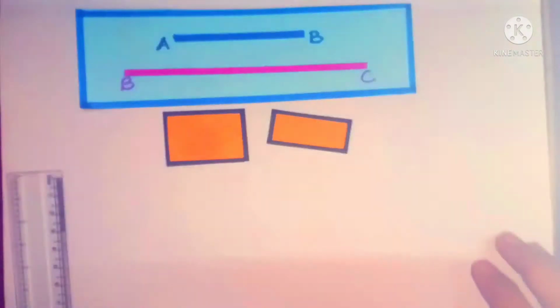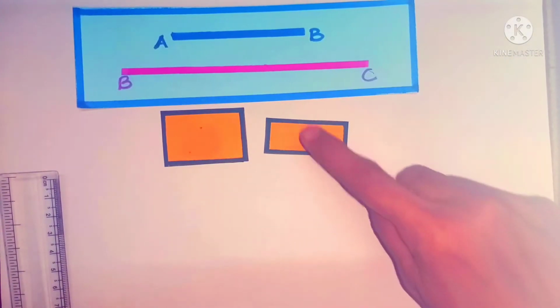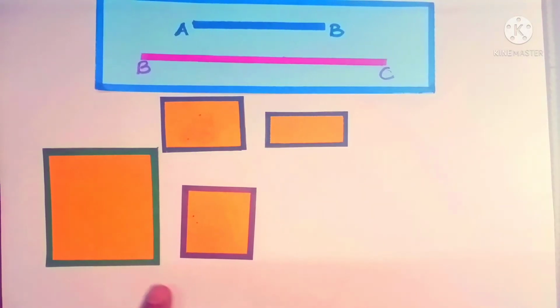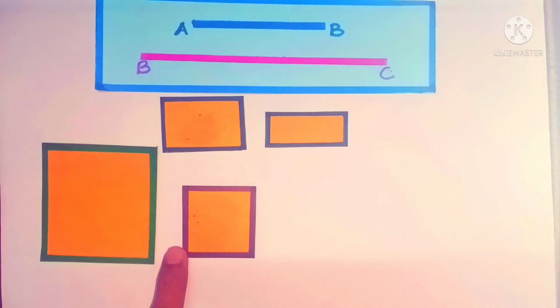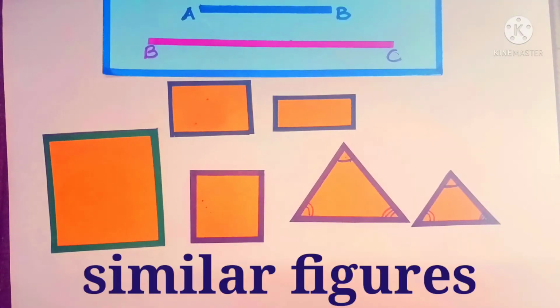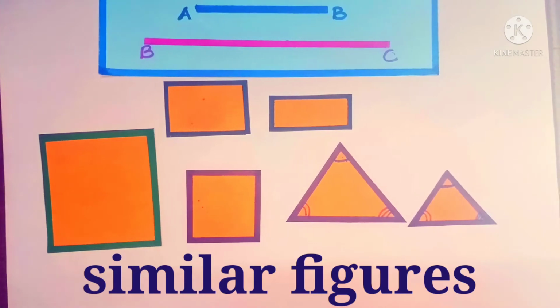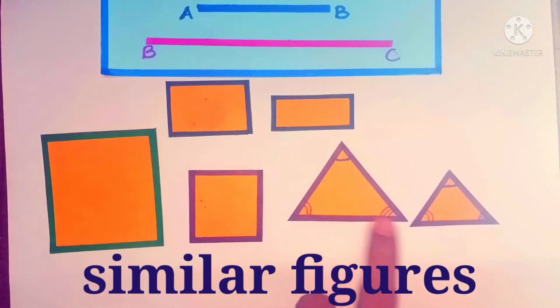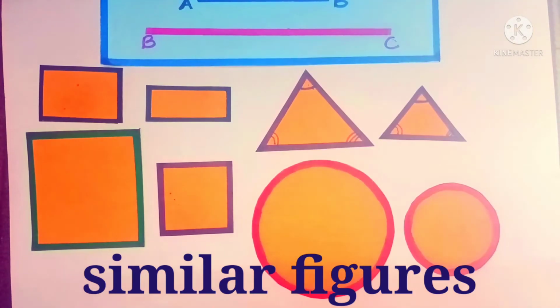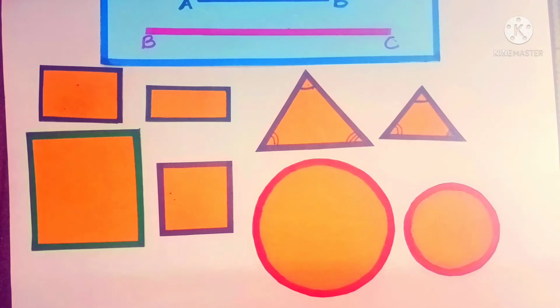Next we have two squares, and these two squares are similar. Next we have two triangles, and these two triangles are similar. Next come the circles. These two circles are similar.